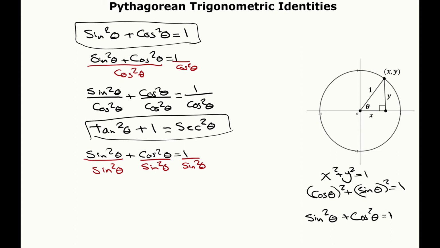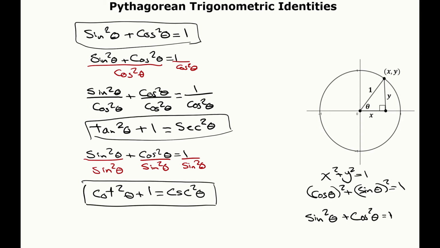So this time, if you notice, we end up with cosine squared over sine squared, which is cotangent squared. So if we write that first, we end up with cotangent squared theta plus this quantity, which is of course 1, equals cosecant squared theta.